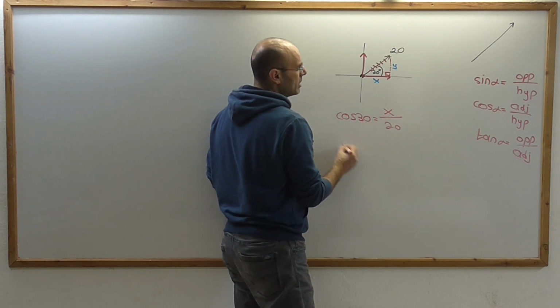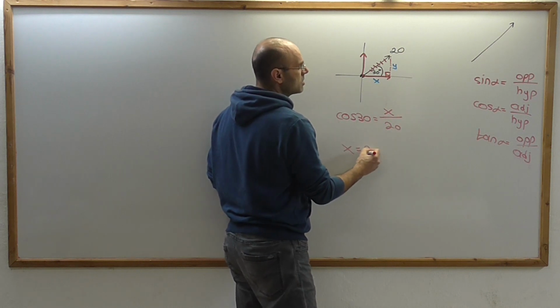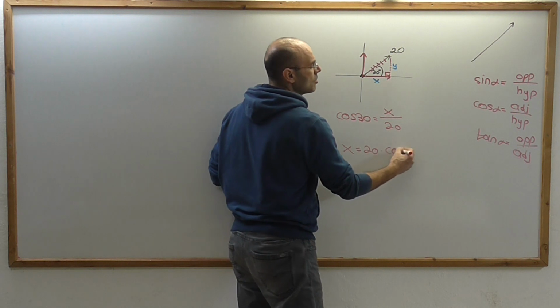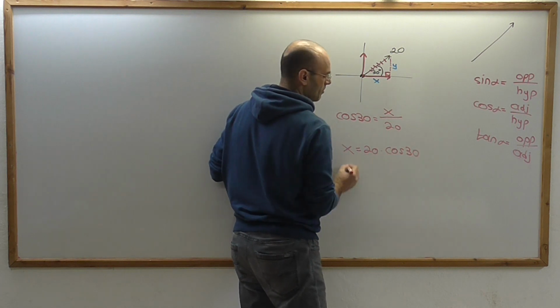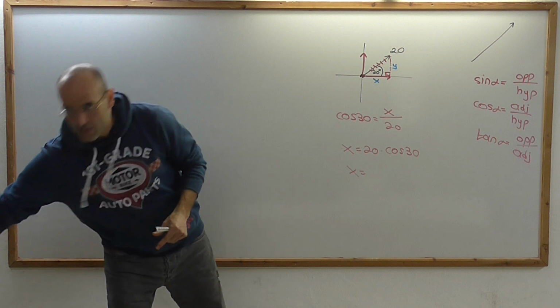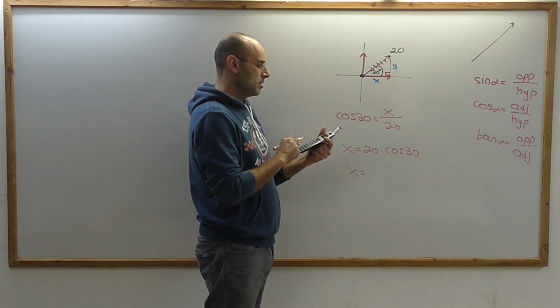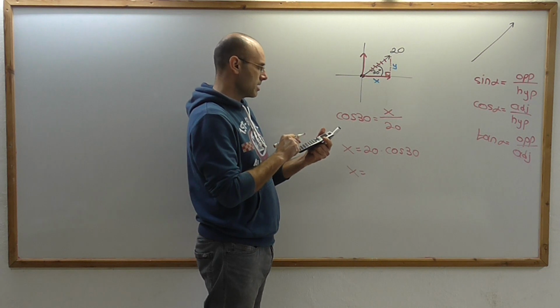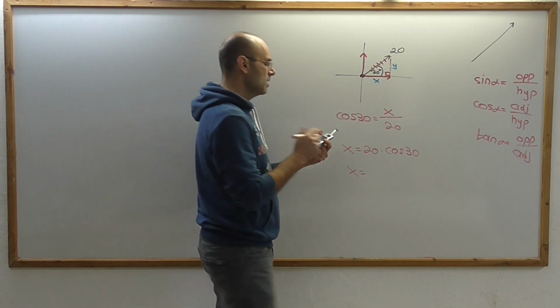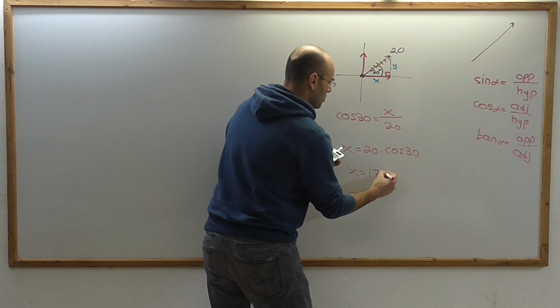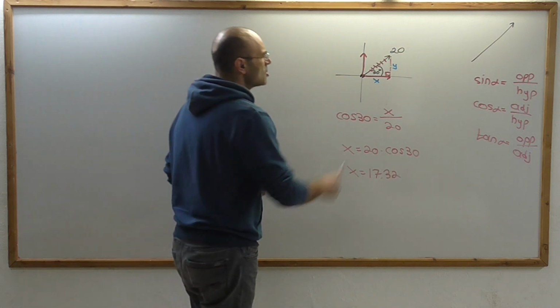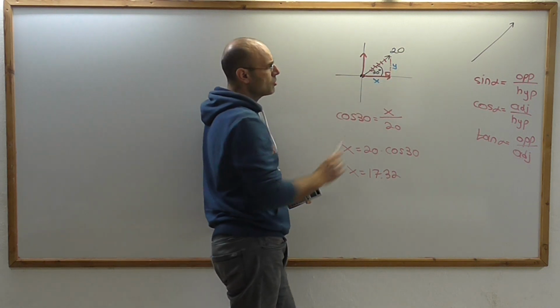And if we multiply by 20, we get x equals 20 times cosine 30. Let's do the math. 20 times cosine 30 is 17.32.